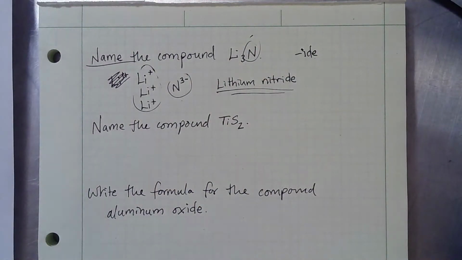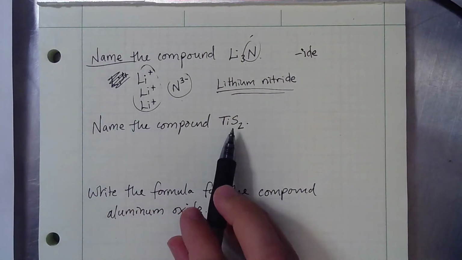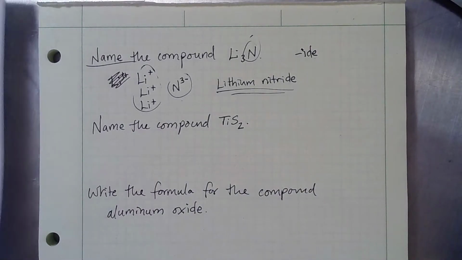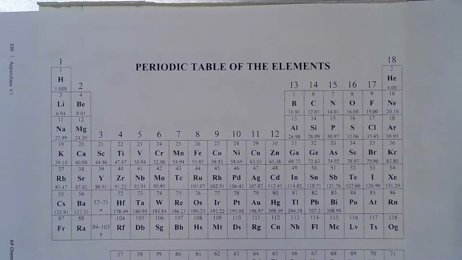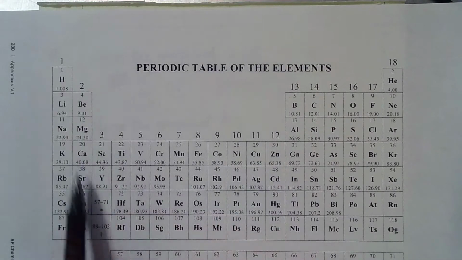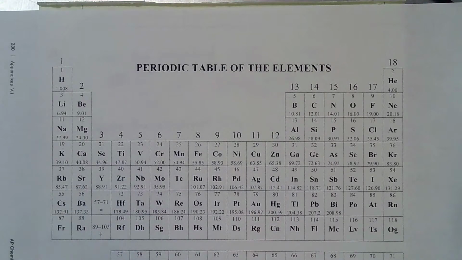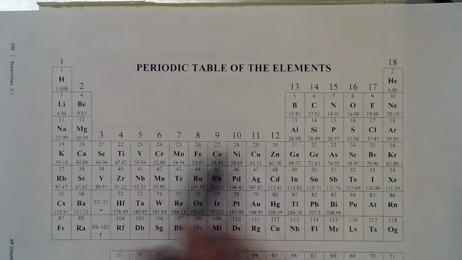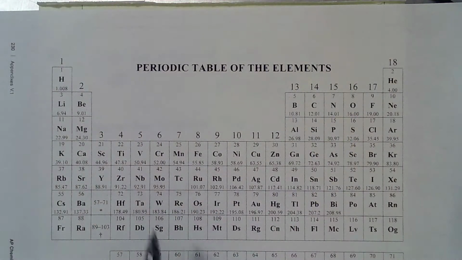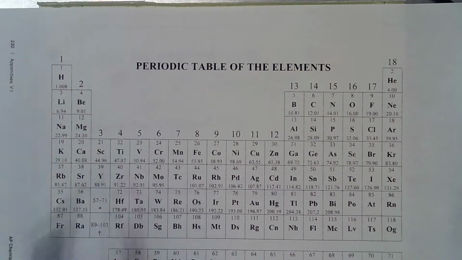All right. Let's take a look at the next problem. Name the compound TiS2. Well, let's look at where those different elements might be. Here is titanium. Uh-oh. This is in the transition metal section. You cannot use the periodic table or the patterns on the periodic table to determine what the charge of that is going to be.